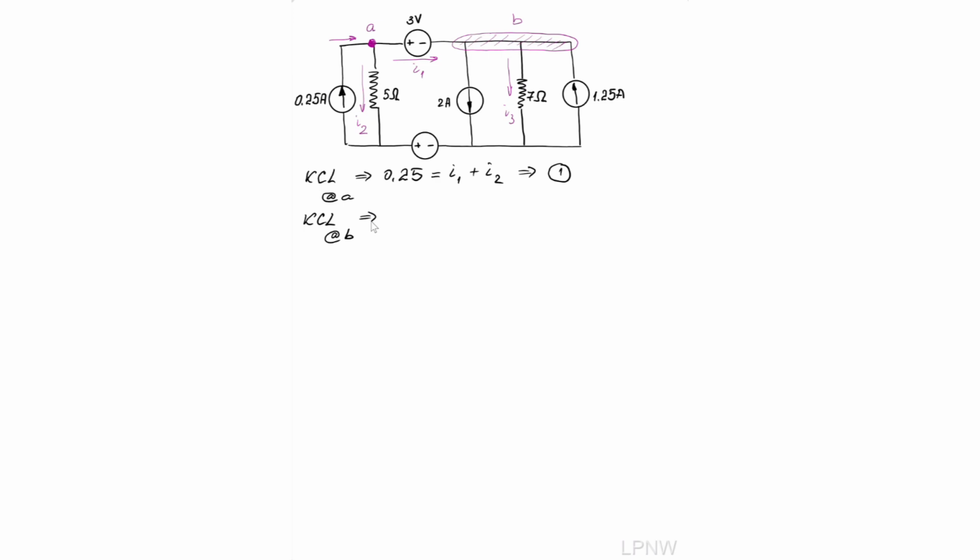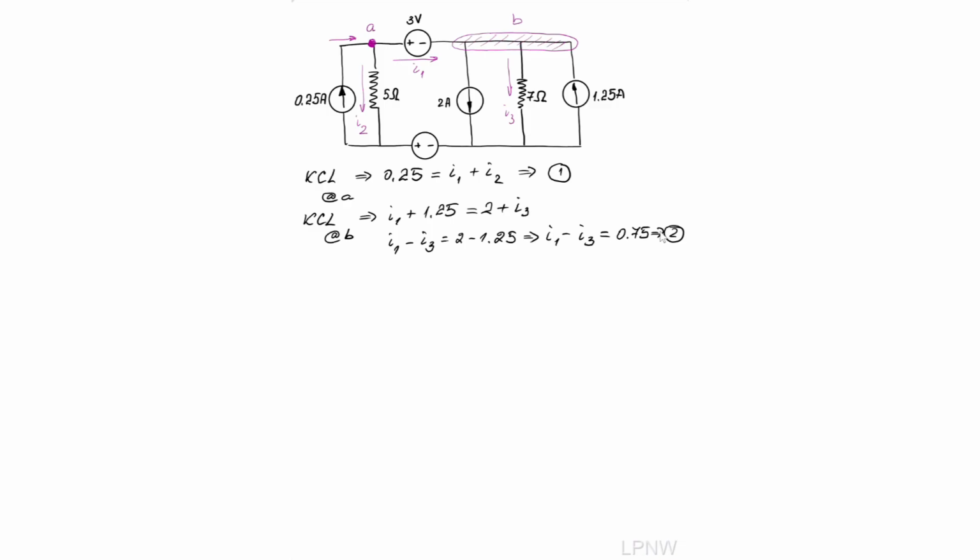I have 2 currents in, I1 and 1.25 coming from the source. They should equal the summation of the 2 currents out, which are the 2 amps plus the current I3. Reorganizing, I1 minus I3 equals 2 minus 1.25, giving me 0.75. That is going to be my expression number 2.